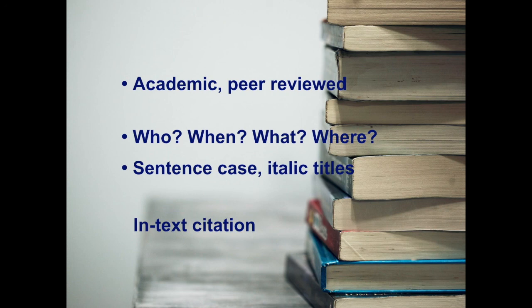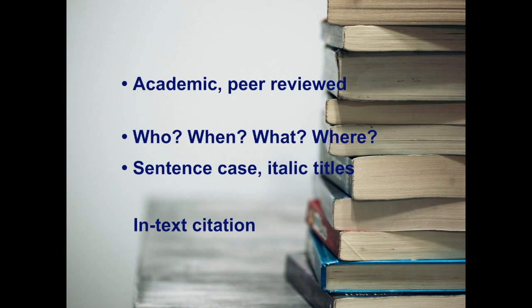And the other thing to notice is that there is always going to be a title in sentence case, and there is always going to be a title in italics. Look back and check that out. You will notice that there is always something in sentence case, and there is always something in italics.